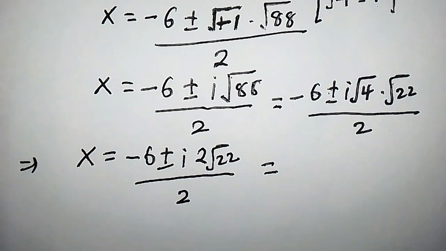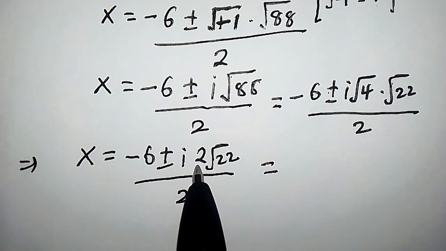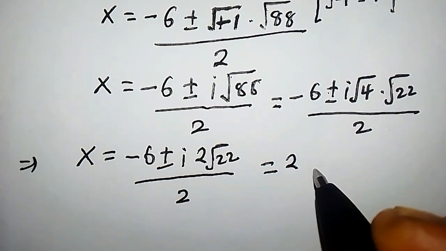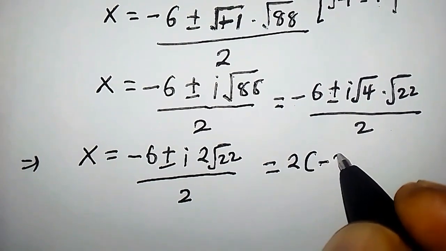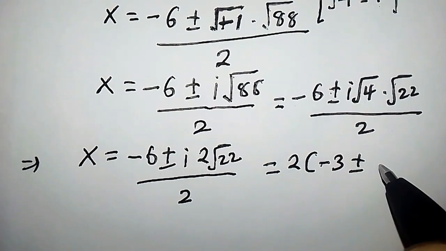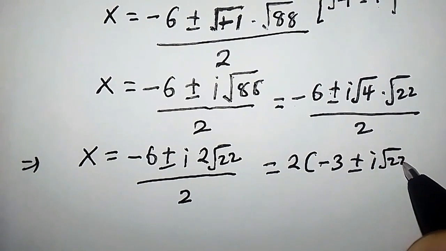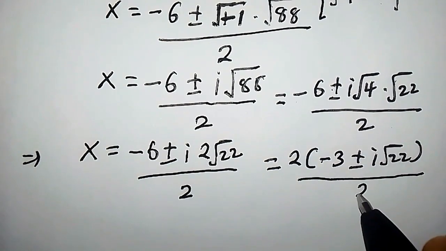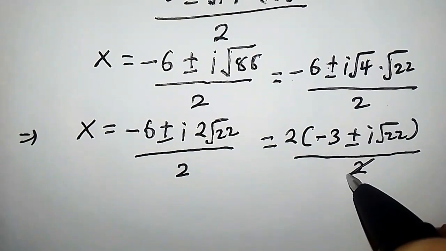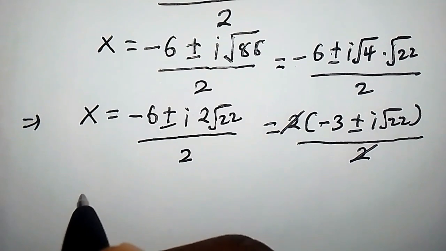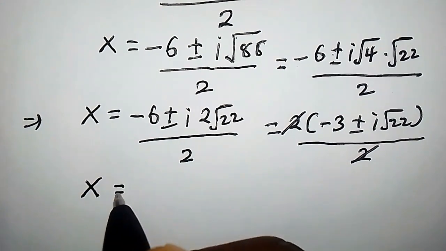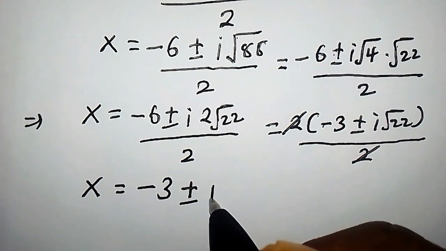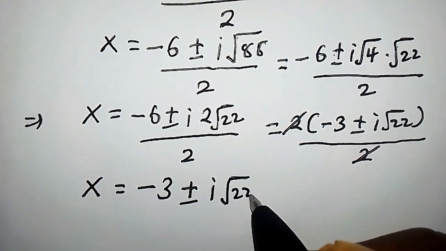You will see that from this numerator, we can factor out 2. So that will be 2 into (minus 3 plus or minus i times square root of 22), all divided by 2. Clearly, 2 cancels 2. We are left with x equal to minus 3 plus or minus i times square root of 22.